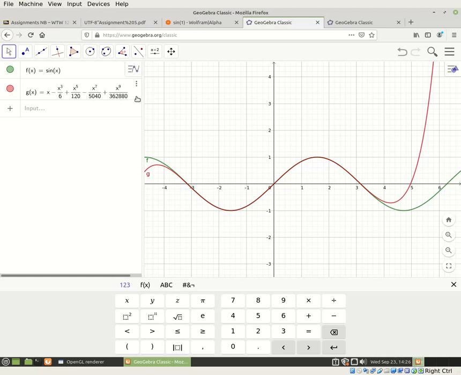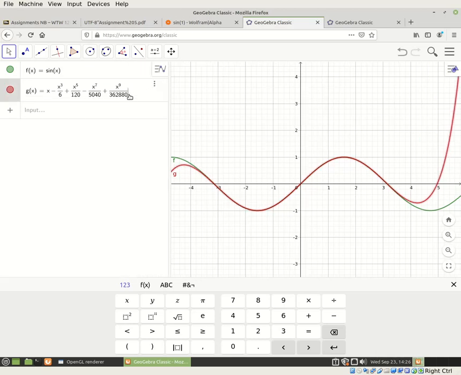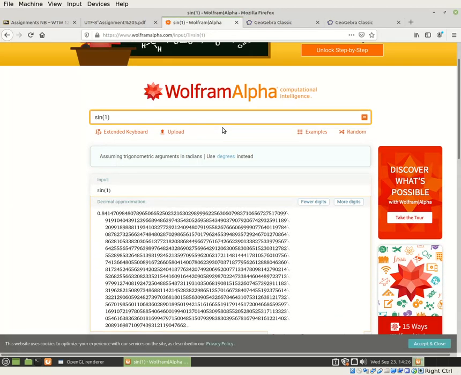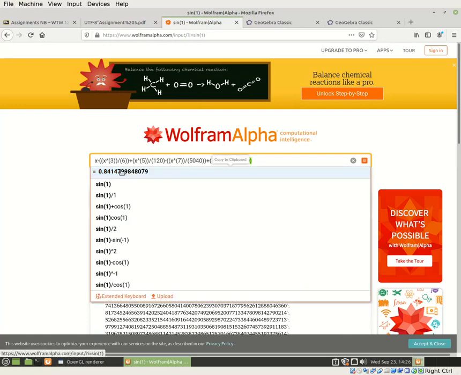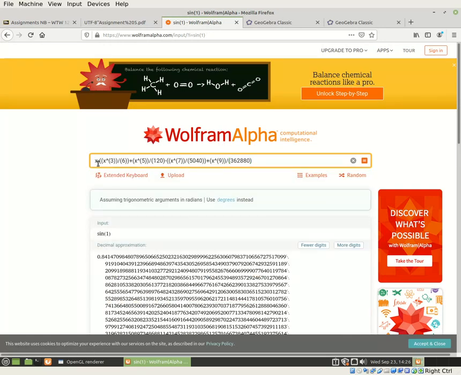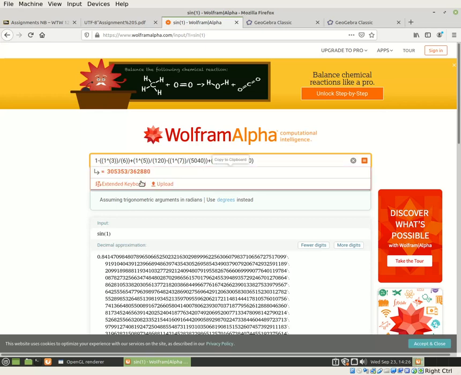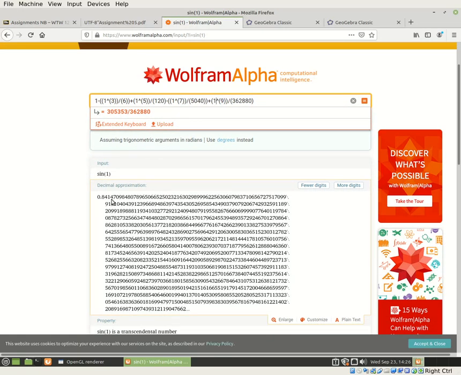Let's see if that is actually the case. I'm just going to copy this part, and instead of x, I'm going to put in 1 for every value of x and see what we get. What do we expect to get? We previously saw that a good approximation for the sine of 1 is 0.841470.